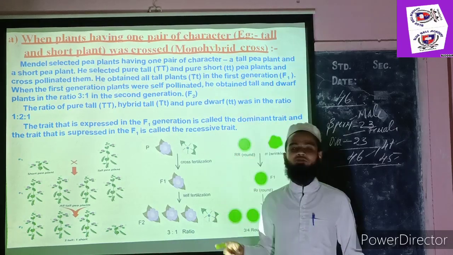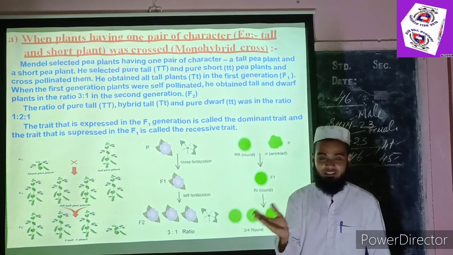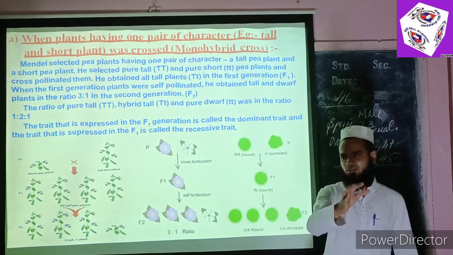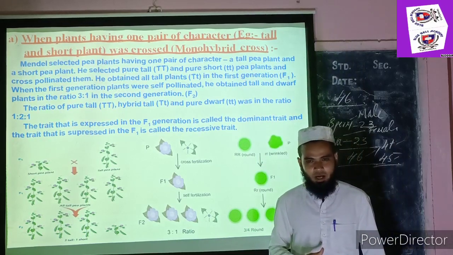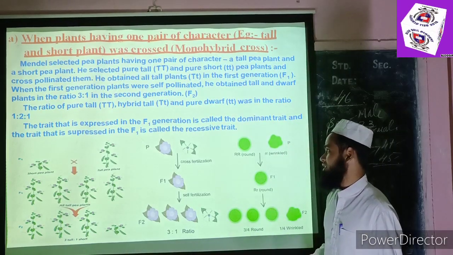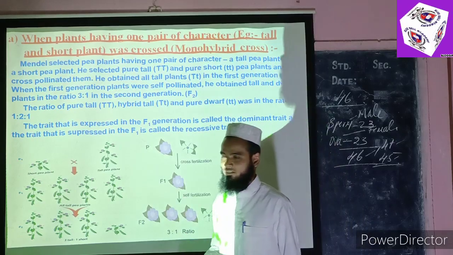Their life cycle is very short, and we have different contrasting, that is comparable, characters in the pea plants. I'll give some examples of these contrasting characters. These contrasting characters are what he took to explain the rules of inheritance.